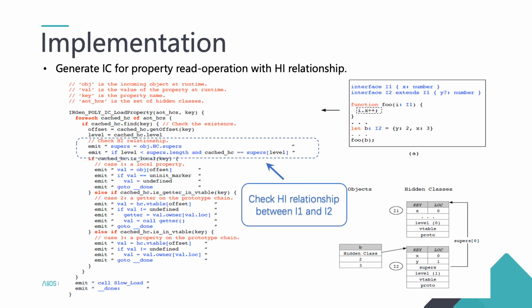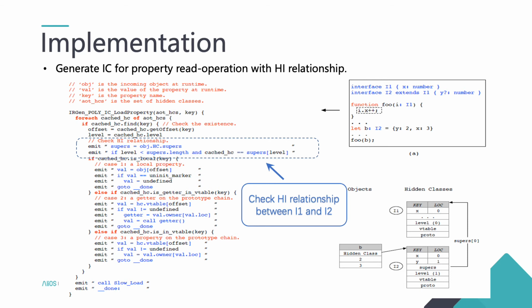With the hidden inheritance relationship, STSC can generate efficient inline caches. This example shows the code generation algorithm of STSC for loading properties. STSC first generates two hidden classes based on the two interfaces I1 and I2.